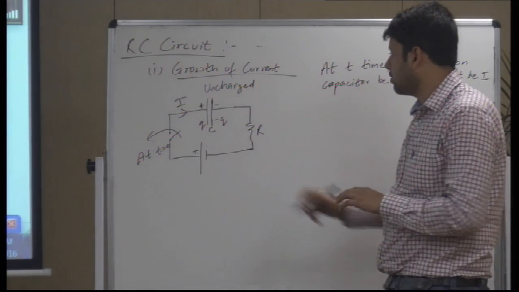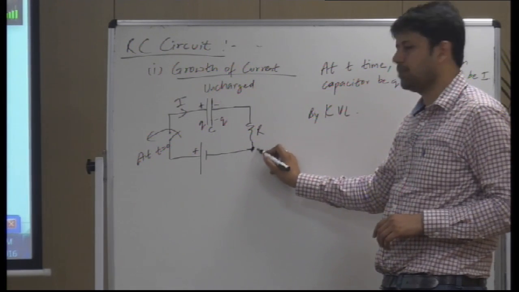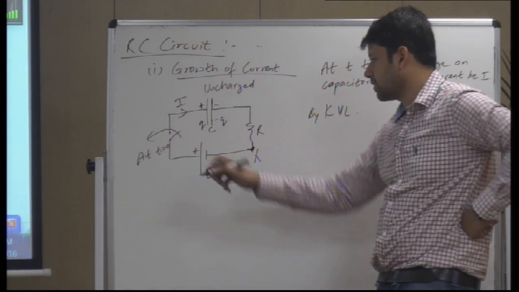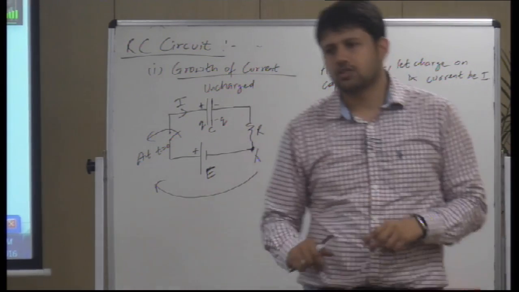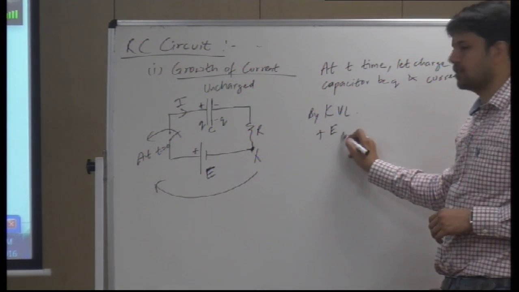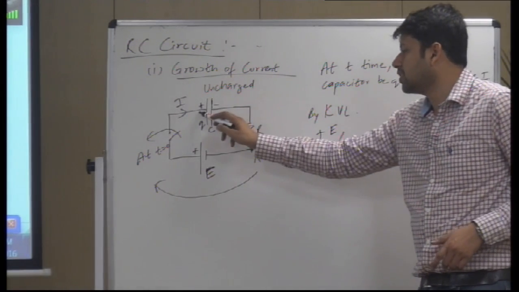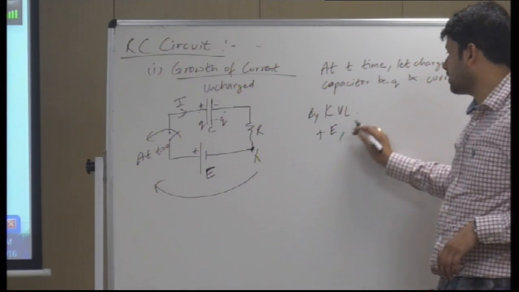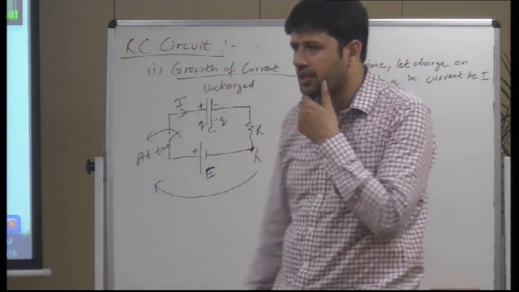Okay. So by Kirchhoff's voltage law, let's start from this point, starting point x. If E is the EMF, as you go from x, the first thing you get is a cell, change in potential plus E. From here to here nothing, from here to here there is a decrease in potential, plus to minus, so this is minus Q by C. Do you remember the voltage across the capacitor was Q by C?